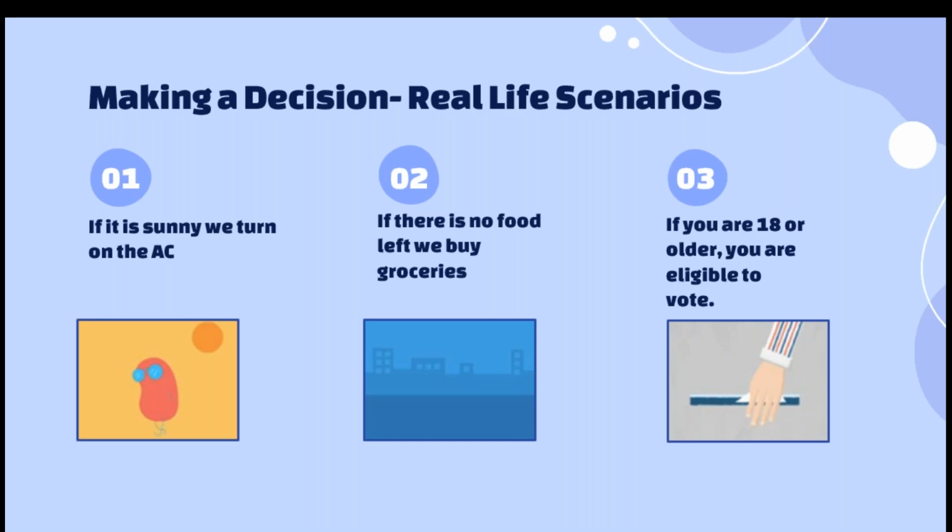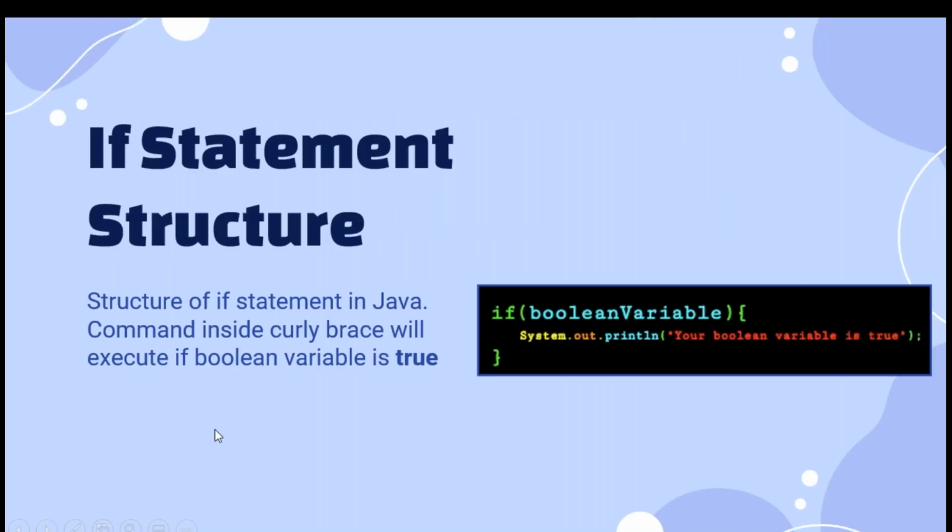This is what we're going to be establishing and looking at today. Now that we've looked a bit deeper into real life scenarios of if statements, and I've given a few examples of what an if statement is in a real life context, we're going to look at the if statement structure in code. On the right, I've attached an image of what the if statement structure looks like in code.